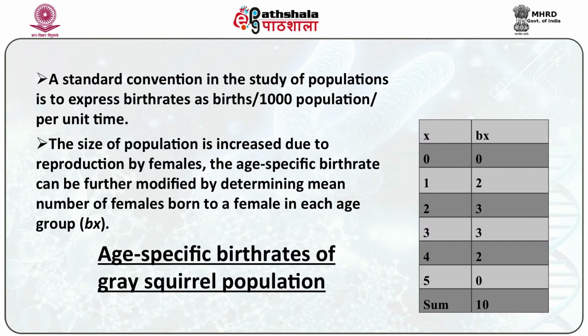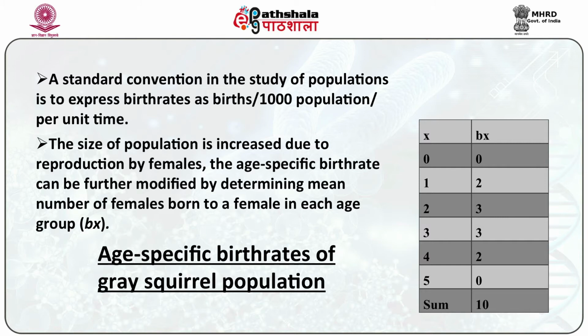At age 1, a female produces an average of 2 female offspring. For females of age 2 and 3, the average number of female offspring produced, that is Bx, increases to 3, and after that Bx declines to 2 when females reach age 4.